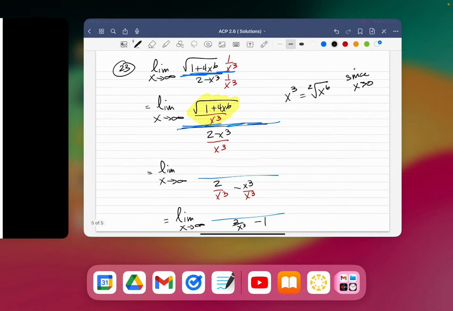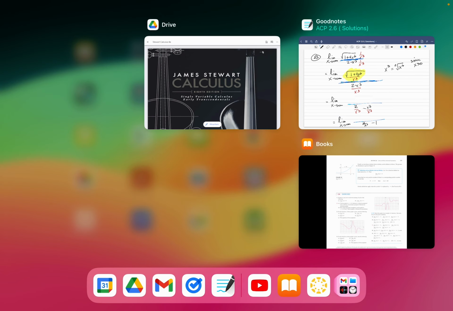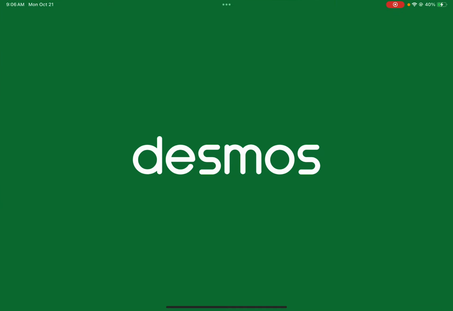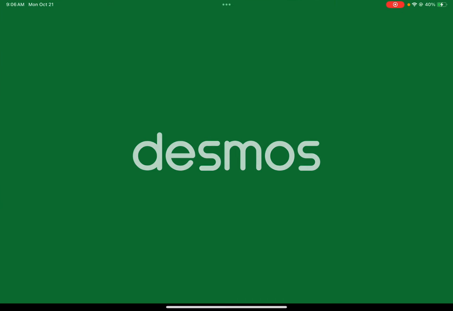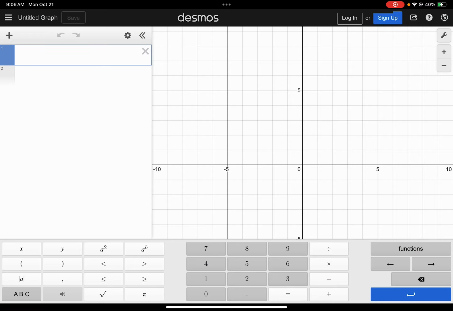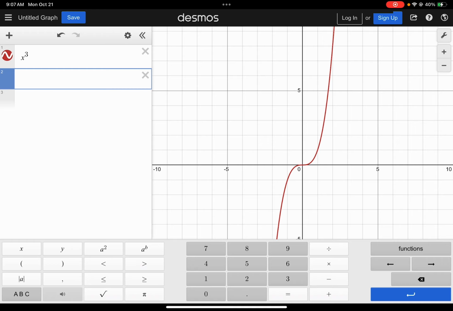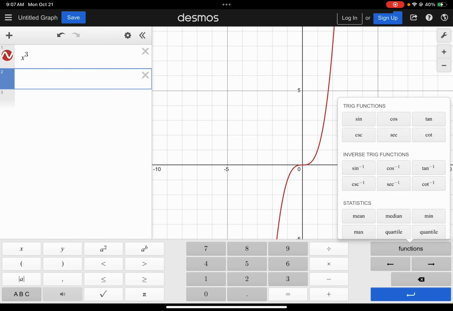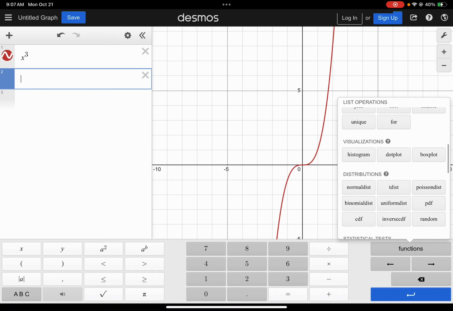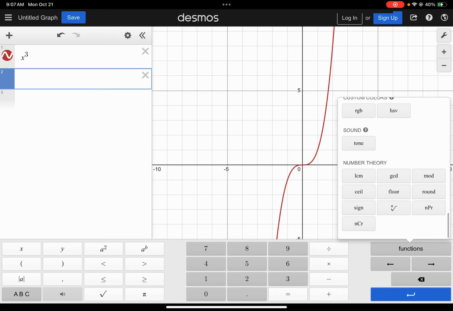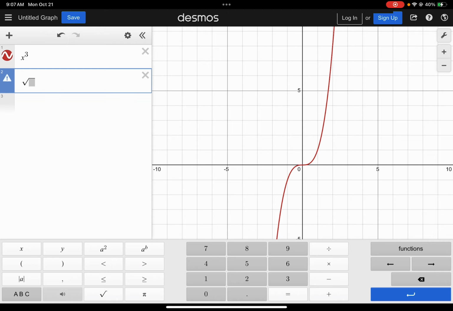Let me show you. If you have Desmos and you look at x cubed, so here is x cubed, and then we're going to do the square root of x to the 6th.